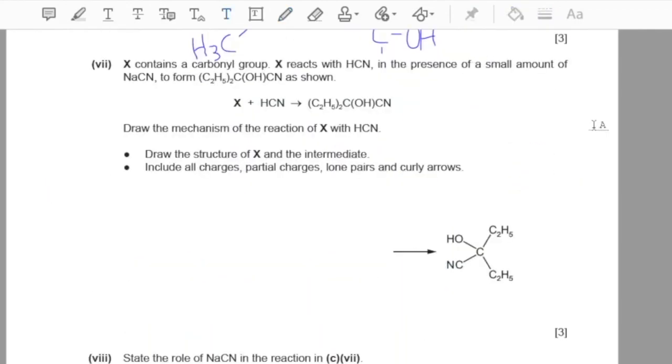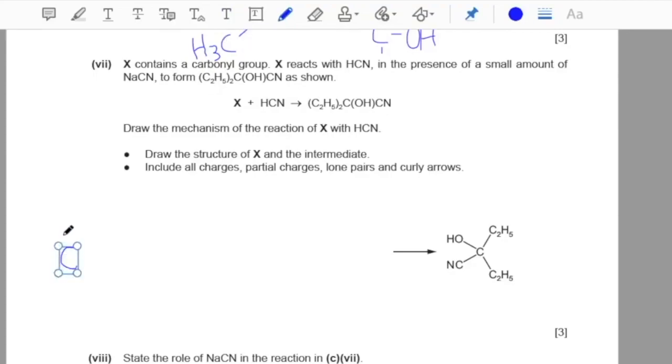Part 7, X contains a carbonyl group. X reacts with HCN in the presence of a small amount of NaCN to form the product with two C2H5 groups and COOH, as shown. Draw the mechanism of the reaction of X with HCN. Draw the structure of X and the intermediate. Include all charges, partial charges, lone pairs, and curly arrows.